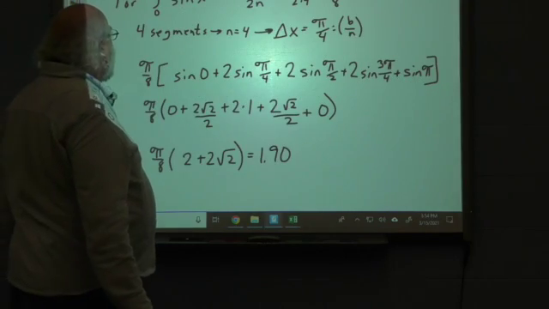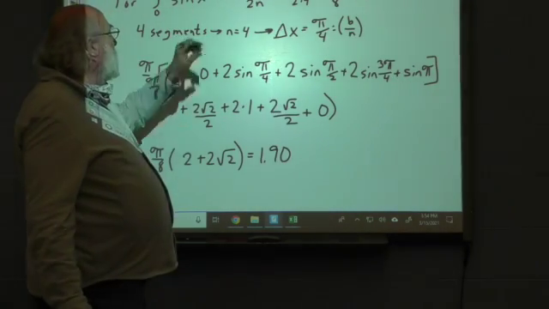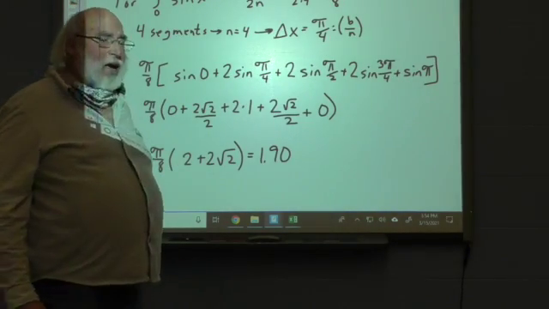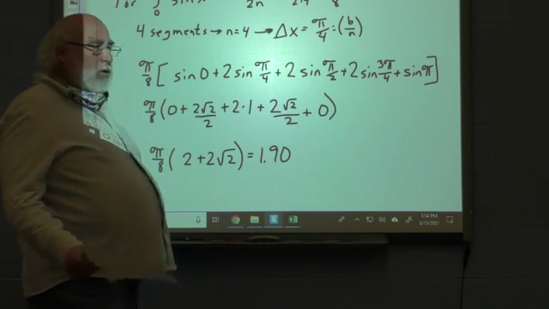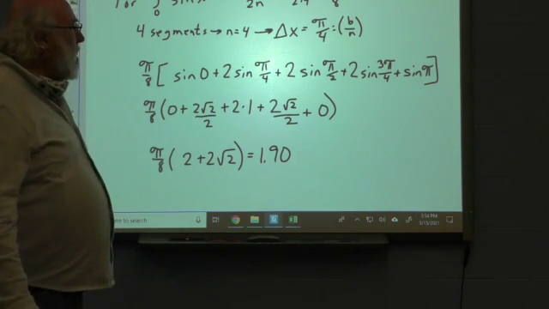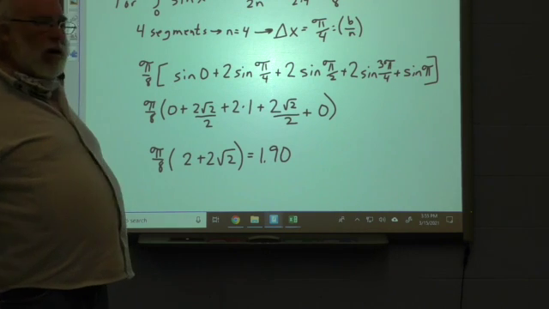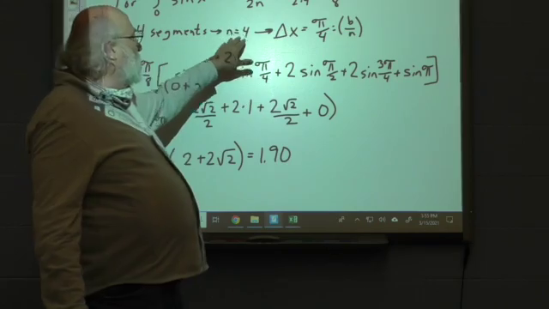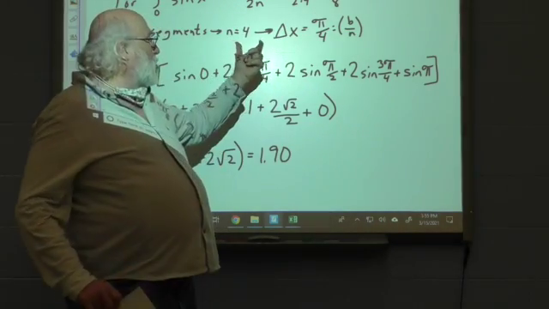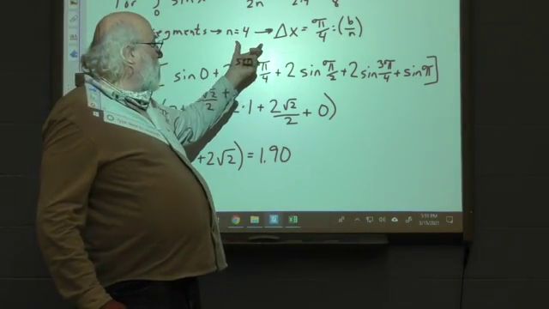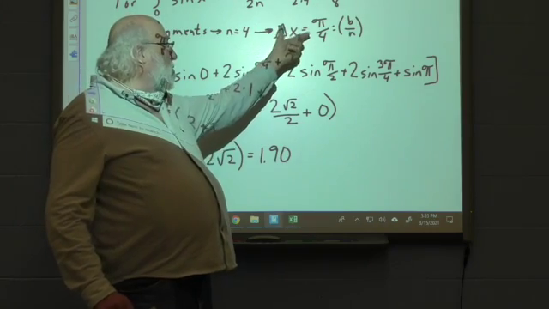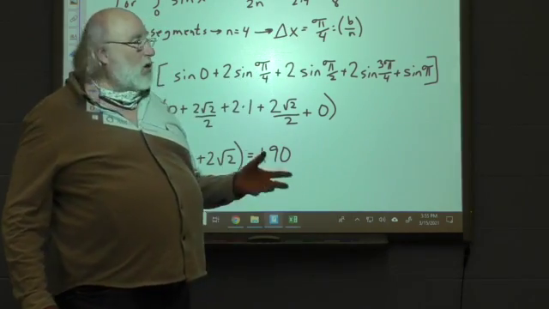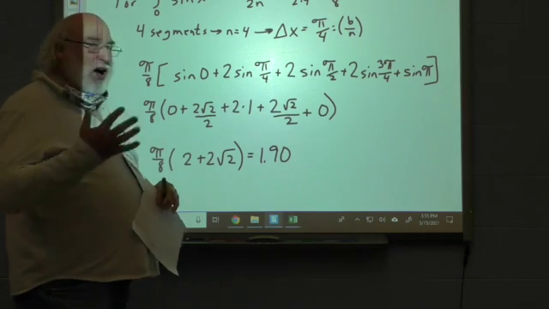So let's suppose that the curve is the sine of X from 0 to pi. You can graph this if you want, and you can imagine this being divided into 4 parts. So that means there are 4 segments, so N equals 4. That means each X value step is going to be pi over 4, since we divide it into 4 parts. There's going to be 5 terms.